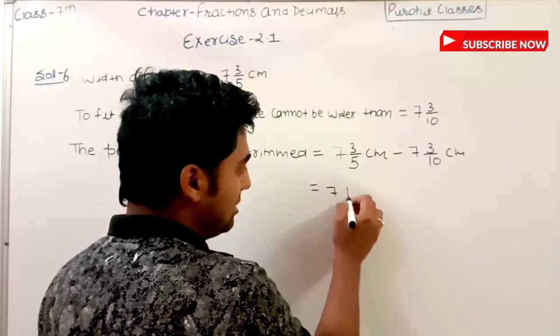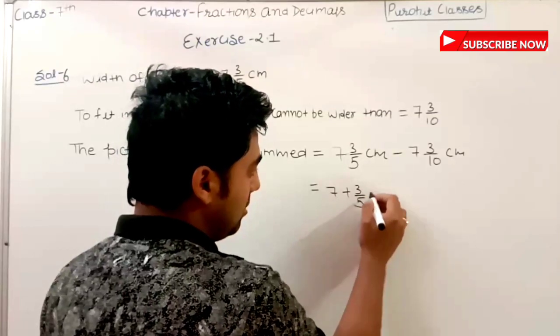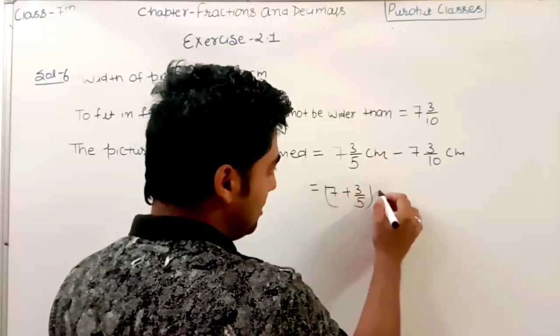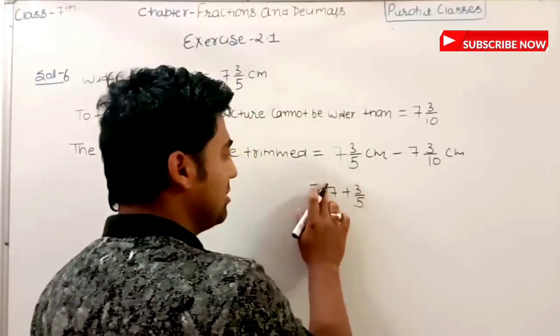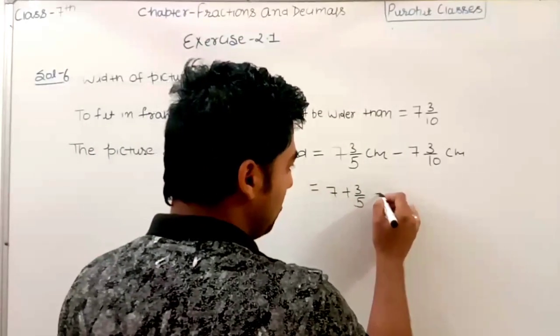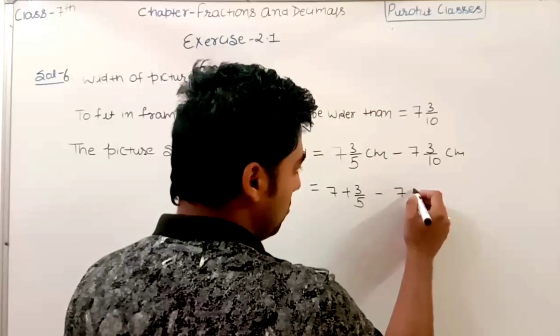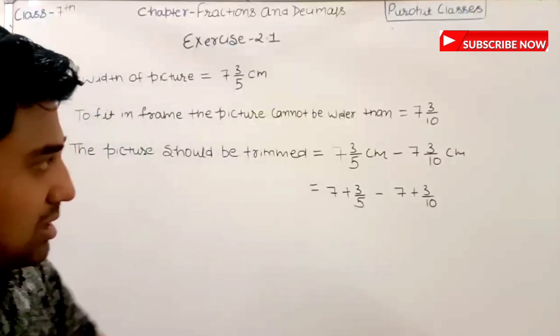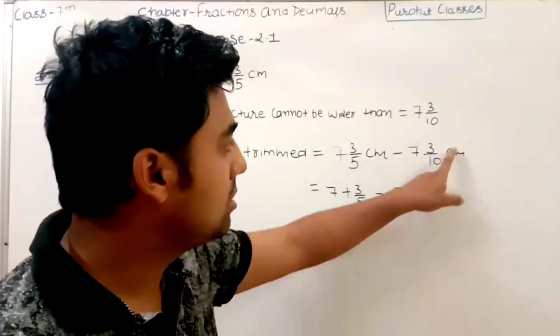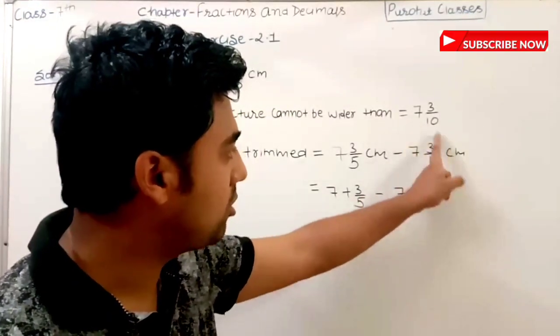Similarly, it can be written as 7 plus 3 by 5 centimeter minus, or we are not writing centimeter, as we know the answer will be in centimeter, minus 7 plus 3 by 10. Now here you have to pay attention that this minus is for this improper fraction.